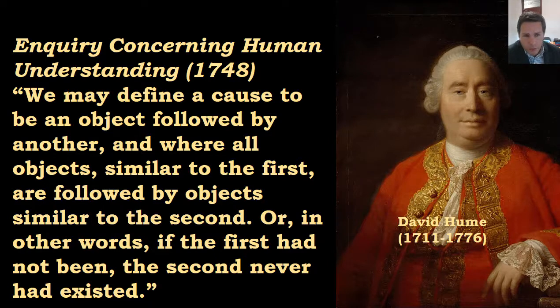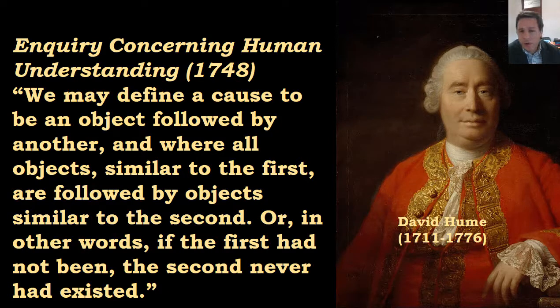So that's the first conception of causality. We've got an object followed by another, and objects of the same category followed by objects of the same category of the second case. So the fact that an object or an event follows another is one important aspect of causality.